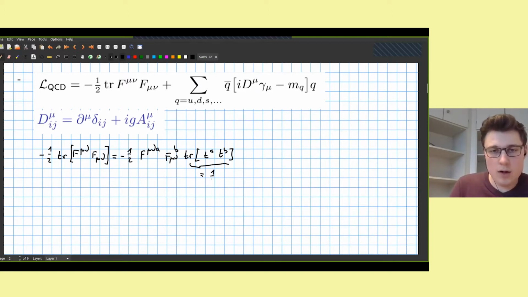So this is a 1/2 delta AB. And that's all we can do here. So we have a minus 1/4 F mu nu A F mu nu A. You see we sum over color indices here as we should, because the left-hand side has no open color indices, so the same should hold also for the right-hand side. Okay, first term.